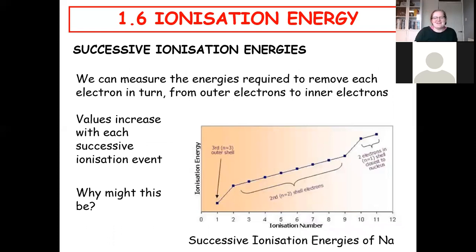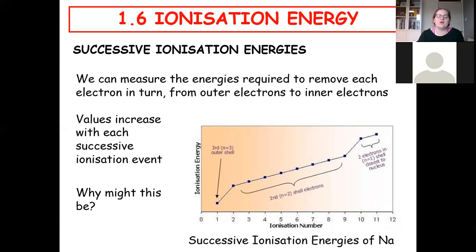Successive ionization energies, we're going to have a little look at first. What we mean by that is we can measure the energies required to remove each electron in turn. For example, with magnesium, the first ionization energy would be the energy required to remove 1 electron. The second ionization energy is the energy required to remove the second electron, and so on.